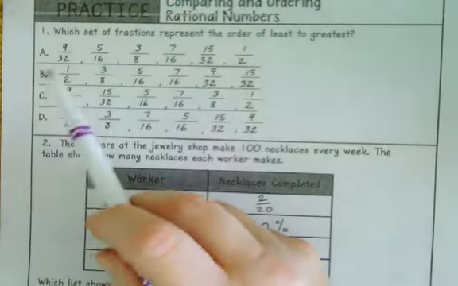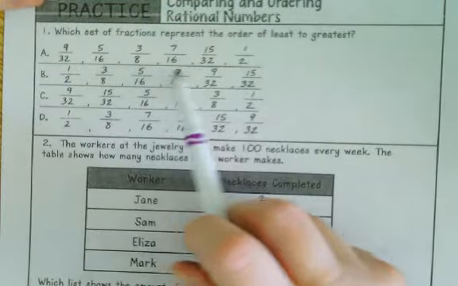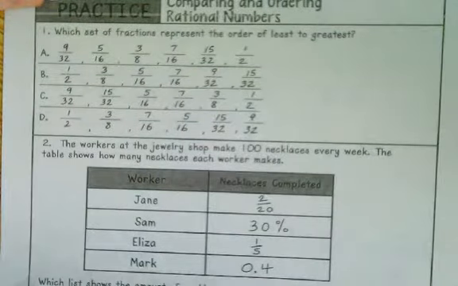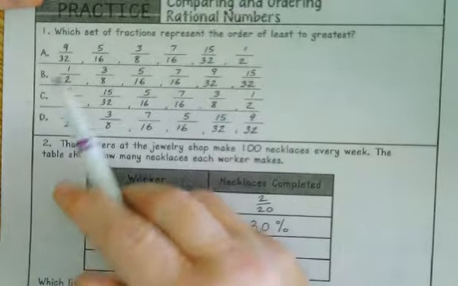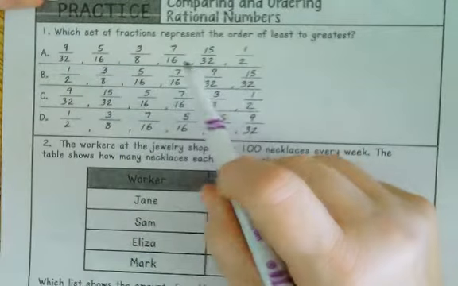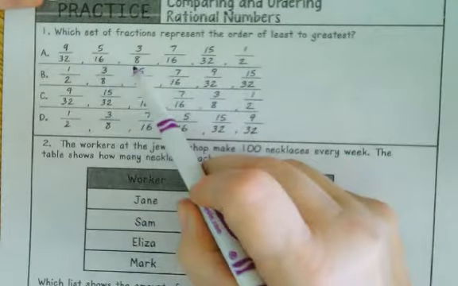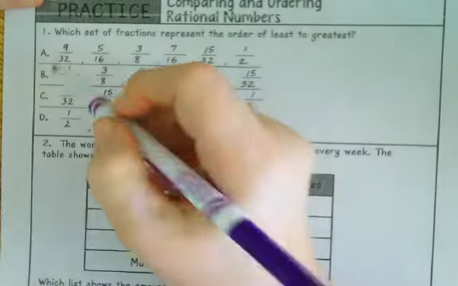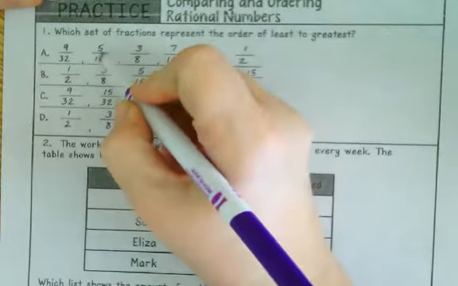Here we've got like everything. So I've got a 32, a 16, an 8, a 16, a 32, and a 2. Well, I know that the denominator I'm going to have to use is 32, because 2 can go into 32, and 16 can become 32, and 8 can become 32. So, 9/32, now we have 5/16.